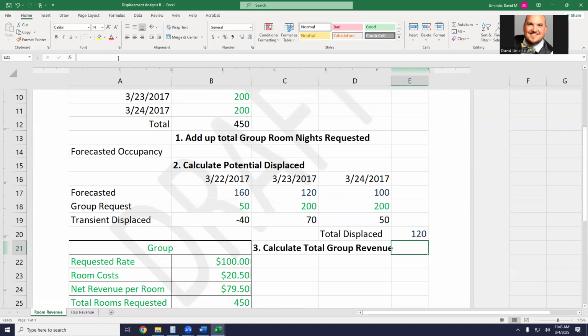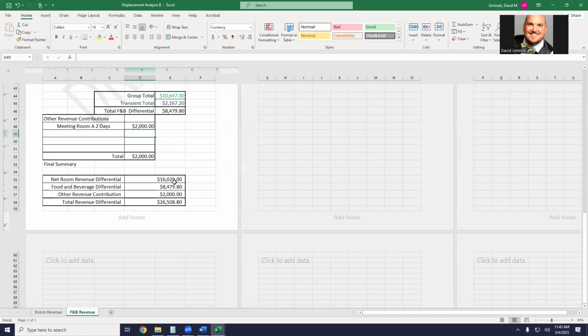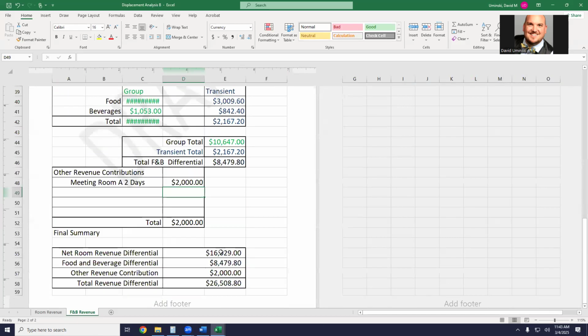So you can actually put it in and Excel will do the math for you. This is why I love Excel. And then the cells talk to each other. So if we look at this formula right here at the very bottom where it says 16,029, I don't actually have $16,029 written into the cell. What this cell is saying is whatever's in room revenue, C37. So let me show you how I do that.